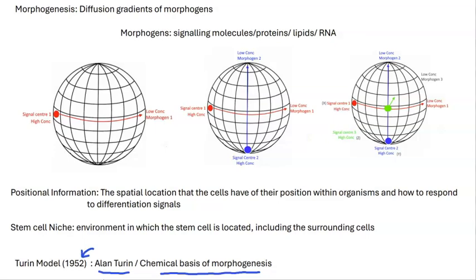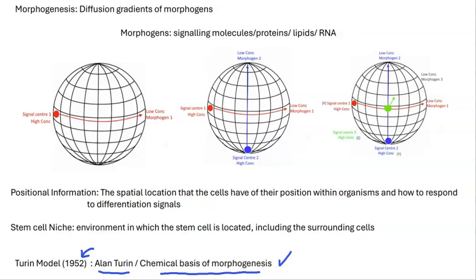I mention Alan Turing because he is regarded as the father of modern computers, and yet he was also hypothesizing in the area of morphogenesis and biology.